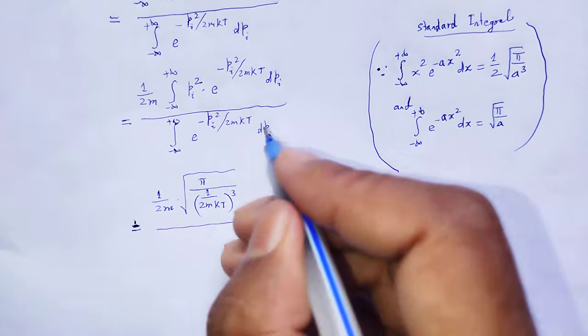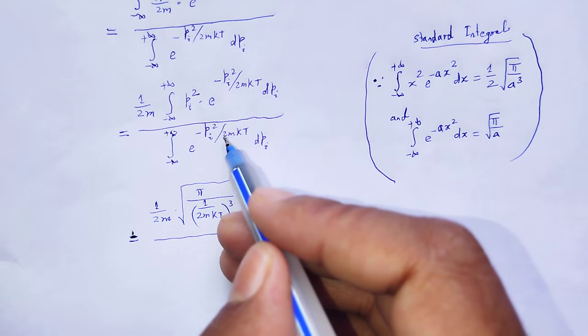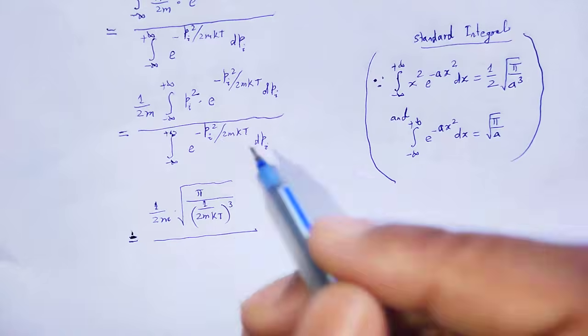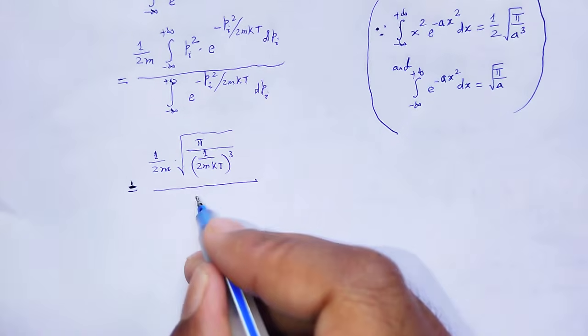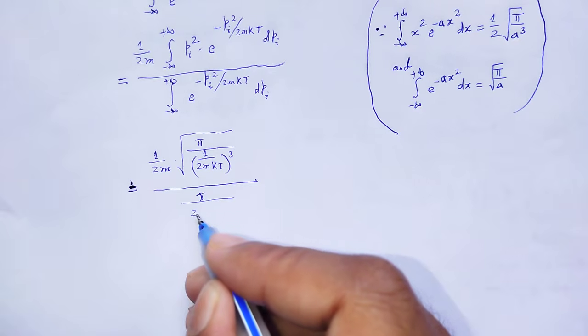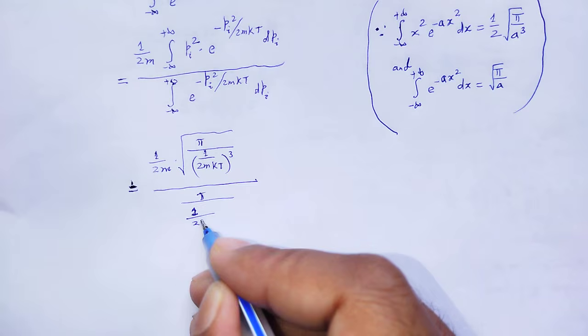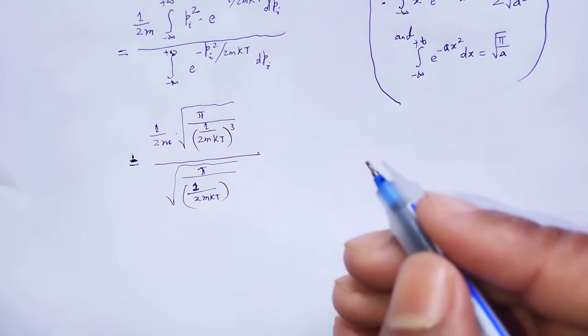Next, that integral, again constant a as 1 divided by 2m kt, x as pi, that result is pi divided by 1 divided by 2m kt under root.